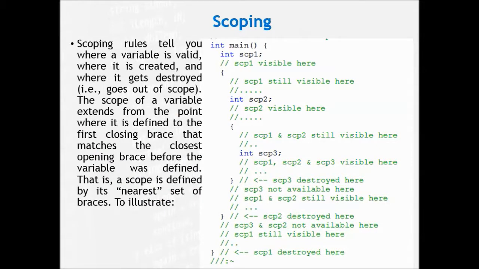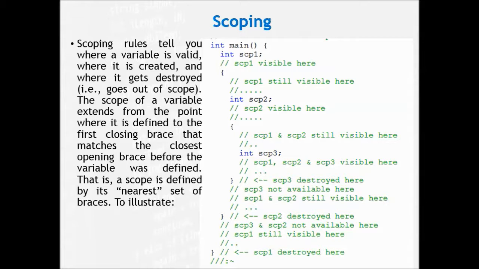Let's have an example. In this example, we start our program with int main, and after int main, we start the curly braces. This one is the first curly brace, and after that we declare a variable called scp1, and its type is int. So now in our program we can use this variable anytime. After this variable, we start another curly brace.